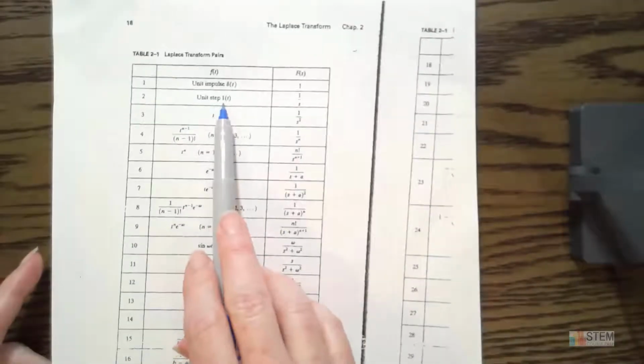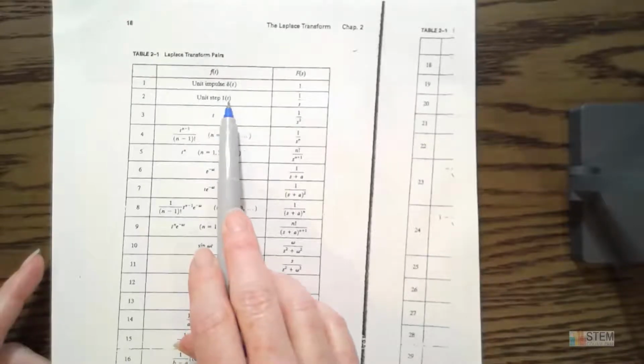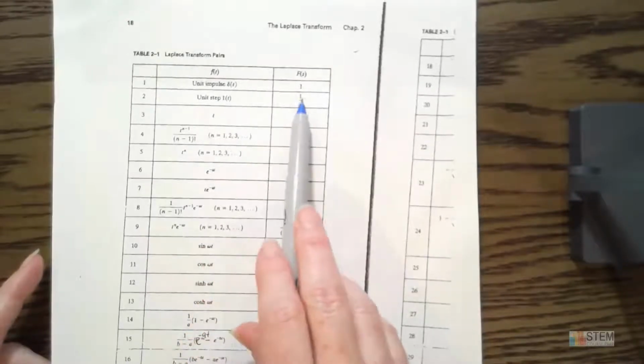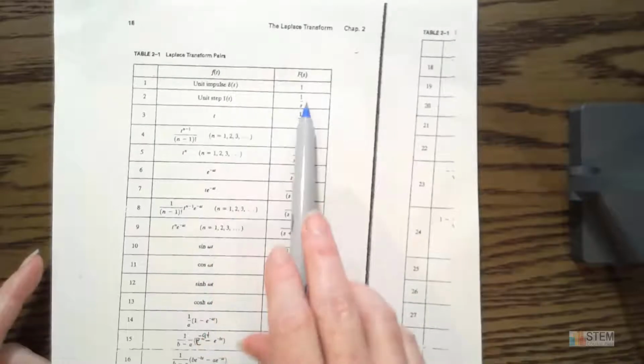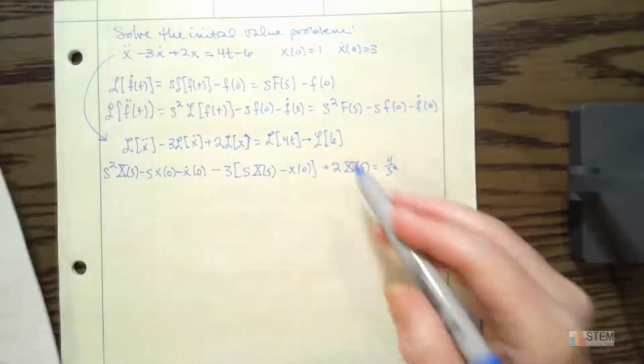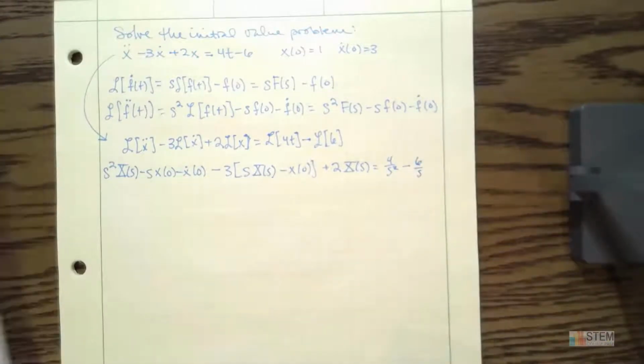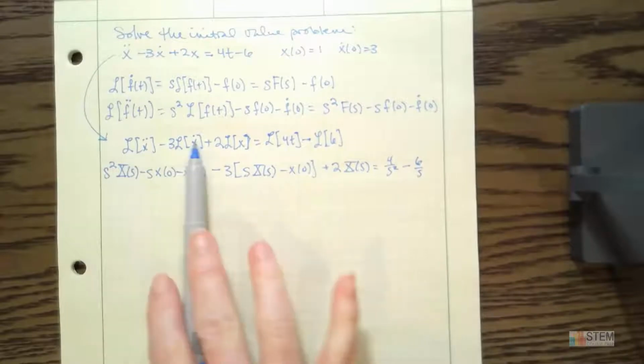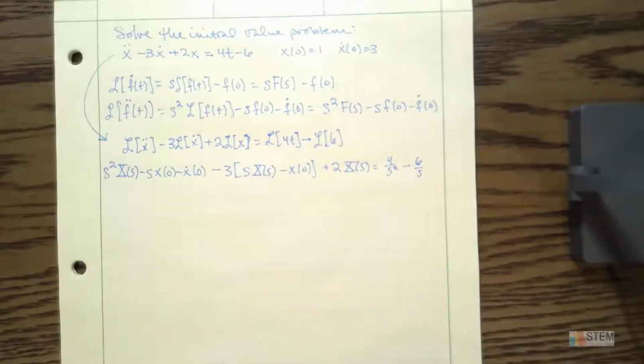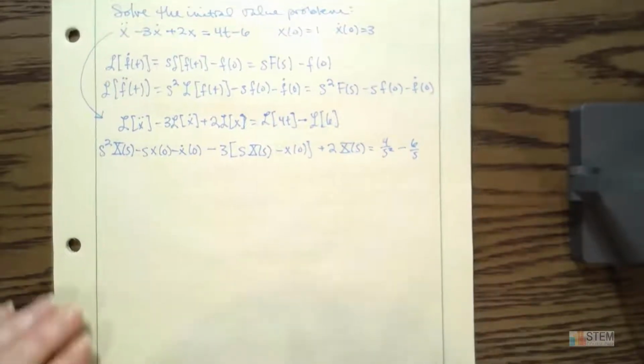Anytime it's just a constant number, we're going to use this unit step input. All right. So if we've got a unit step, we're going to have 1 over s. Ours is multiplied by 6, though. So we're going to have minus 6 over s. Okay. So we just did the Laplace transform of those 5 terms. That's all we did. Okay, the ones on the right side, though, we needed to use the Laplace transform table.